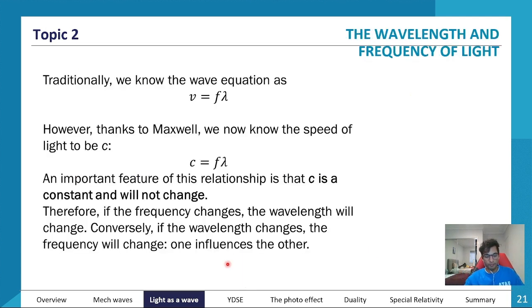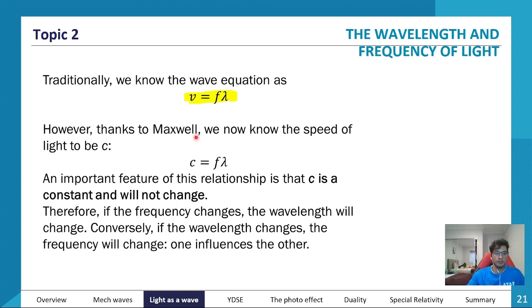Cool. So if light is a wave, and going back to this equation before, velocity is equal to frequency times wavelength, then surely we can apply this same formula to light. And that's the thing, we can do it. And we get this formula, which is c is equal to frequency times wavelength, which is the exact same formula.